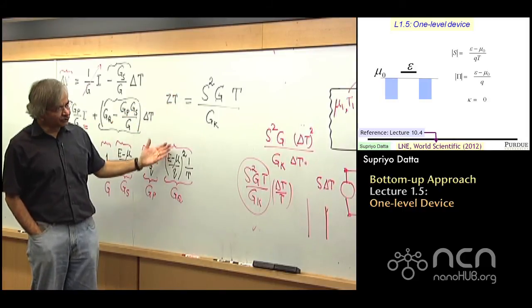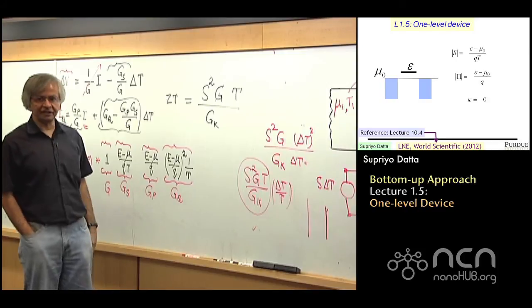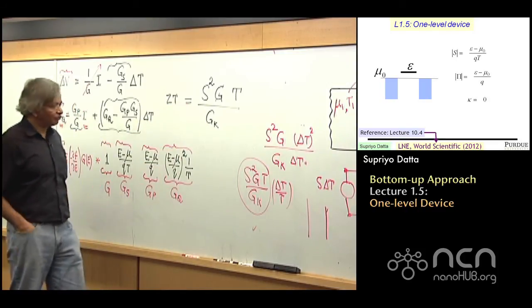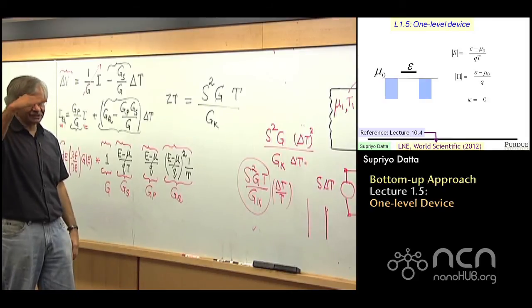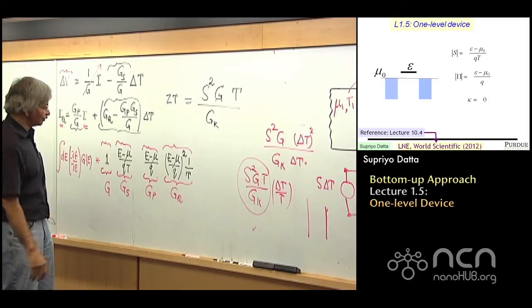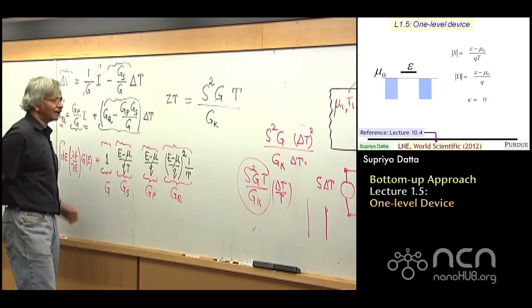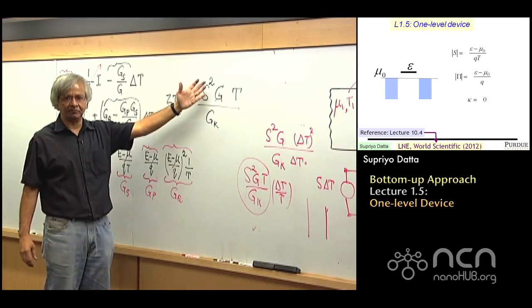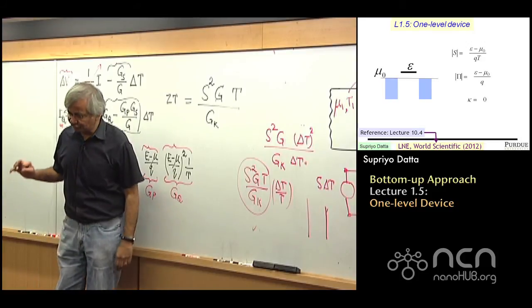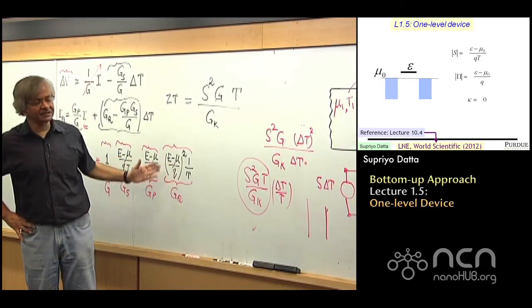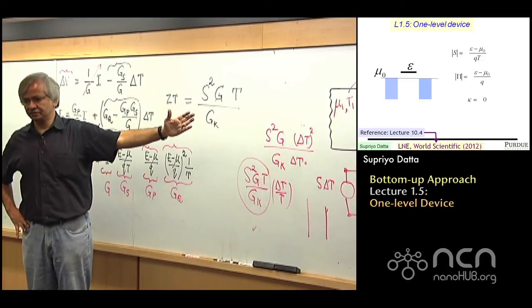If you just looked at what we just discussed, you'd say the way to get good ZTs is to find materials with sharp levels, because we just argued that a single level device has no heat conductivity. So you say, okay, I got a 0 there, that should give me a huge number. That though is very far from reality, because what we have discussed here is the heat carried by electrons.